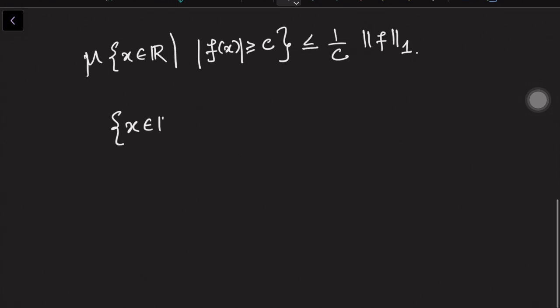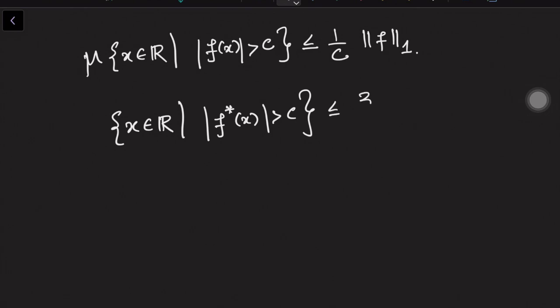The Hardy-Littlewood maximal inequality says: look at all those points for which f star of x is bigger than c, and the measure of this set is less than or equal to 3 by c times the integral. So it gives something similar, but the estimate is slightly 3 times more. Okay. So let me state it.